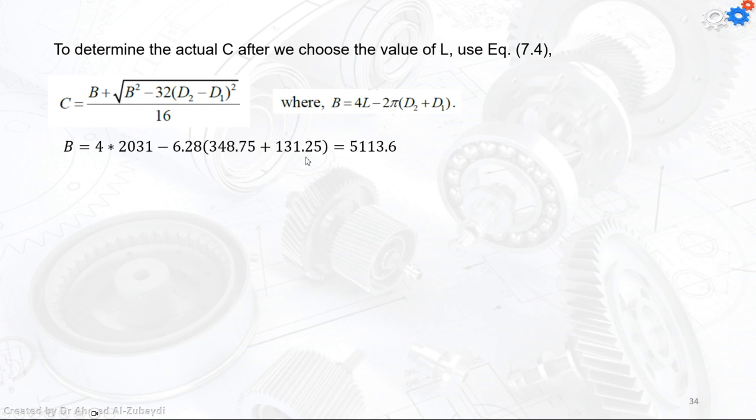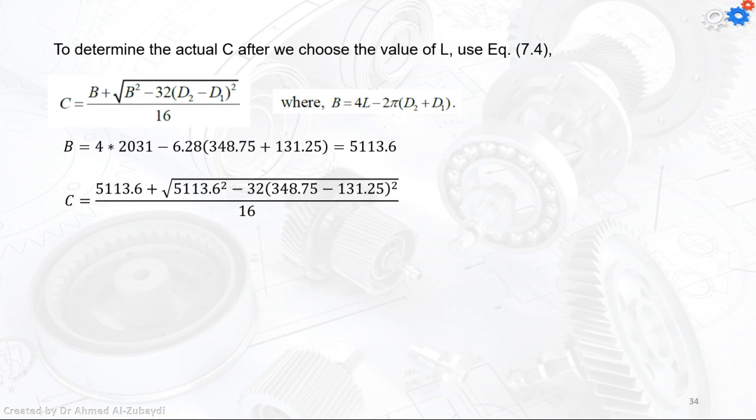B is going to be equal to 5,113.6 millimeters. Now we're going to apply to the C equation, and the C value now can be found as 629.8 millimeters, which is less than the permissible value we've been given in the question of 635 millimeters. So this should be okay.